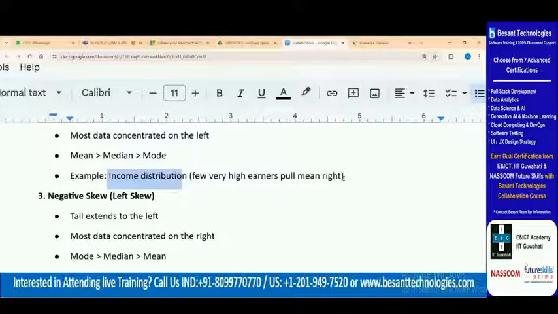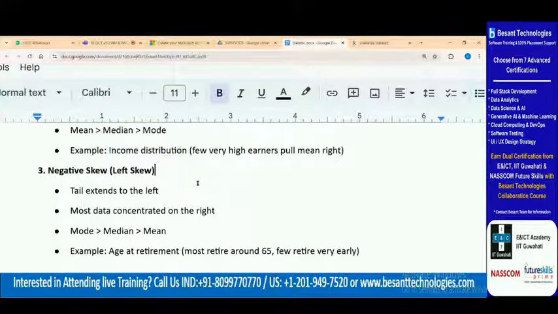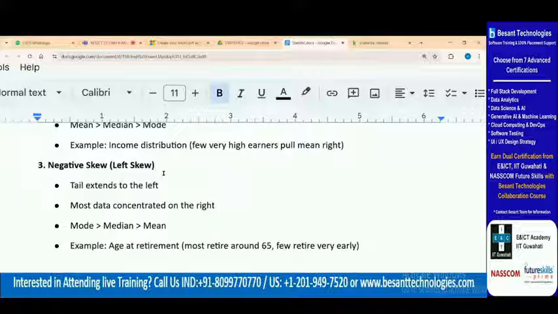A few very high earners pull the mean, right? In India, we can take an example. We don't have a symmetrical kind of data set in income distribution. Some categories of people, for example nowadays it is said that AI and data science people, people who are working in development, are earning more.